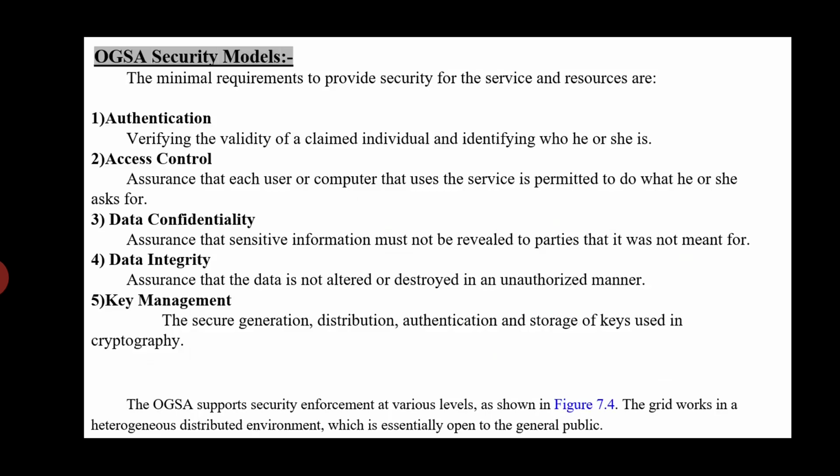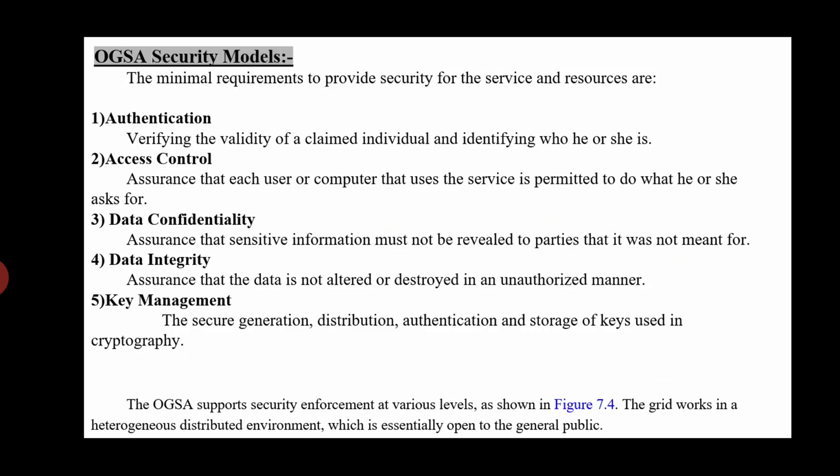Coming to confidentiality: we have to assure that sensitive information must not be revealed to parties that it was not meant for. This is data confidentiality.